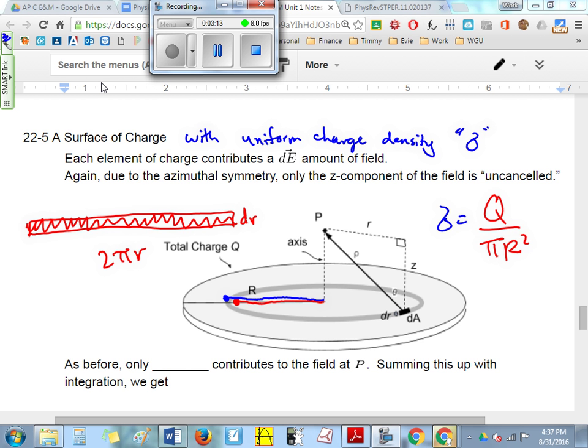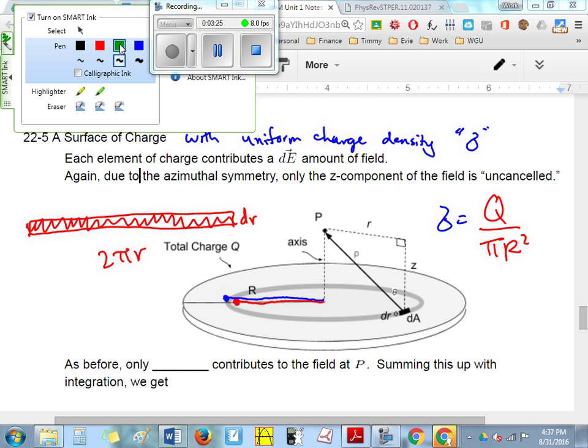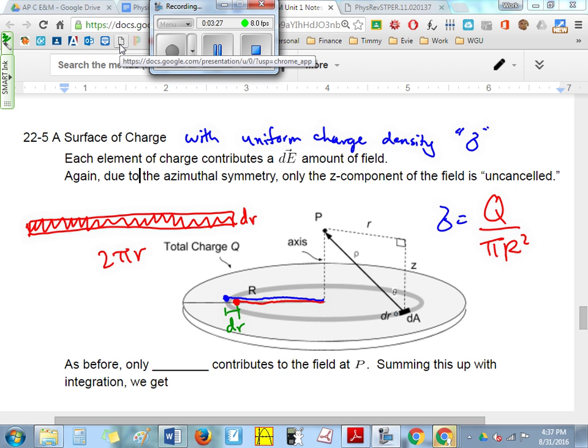So it's a little bit longer when you go from the inside of the track to the outside of the track. And runners know that, right? If you're on the inside of the track, it's a little bit smaller. Well, that tiny discrepancy right there, I'll draw it in green, is dr, we call it.